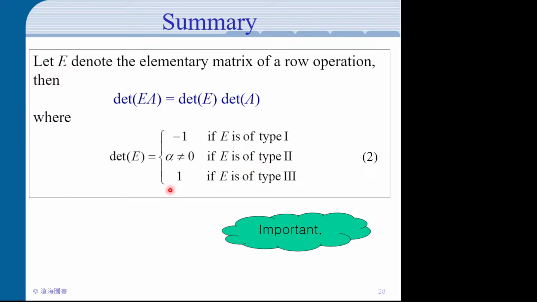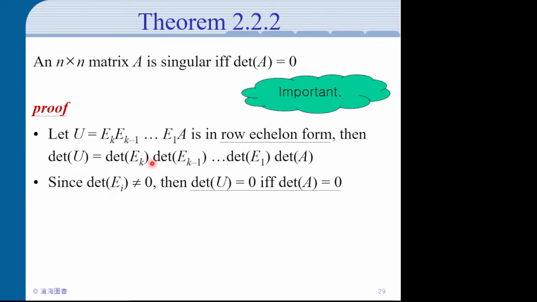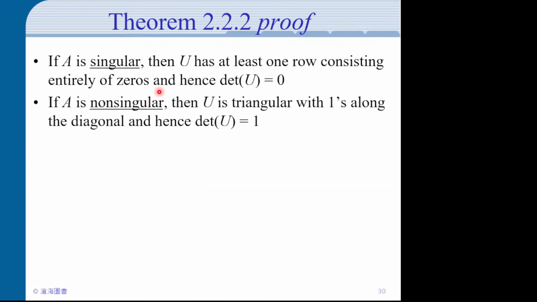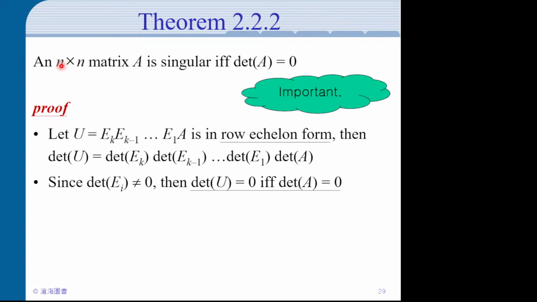So those are all non-zero, so the determinant of A equals 0 if and only if the determinant of U equals 0. So we change this to the determinant of U equals 0, and then we just need to see that the determinant of U equals 0 if and only if A is singular. And it's pretty obvious.